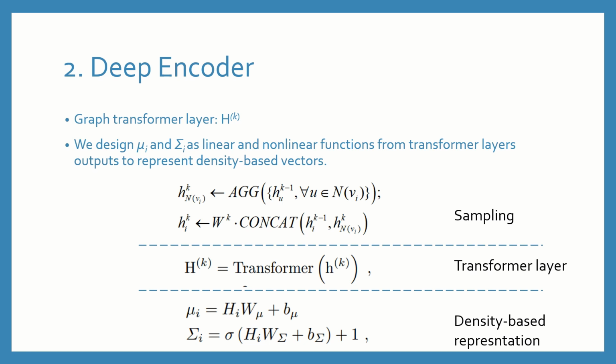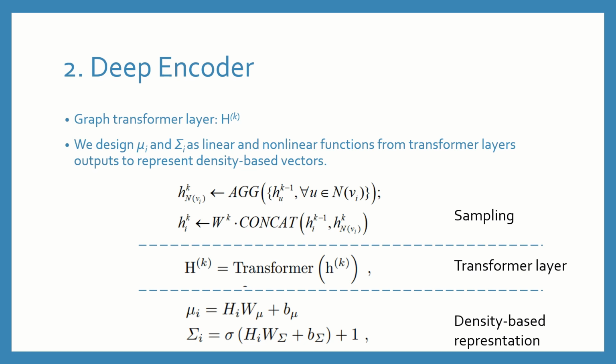The first layer is the sampling strategy that I mentioned before, and the second, middle layer is the transformer. We employ an original transformer layer in the middle of our model, and then we put the density representations on top of the transformer layers.